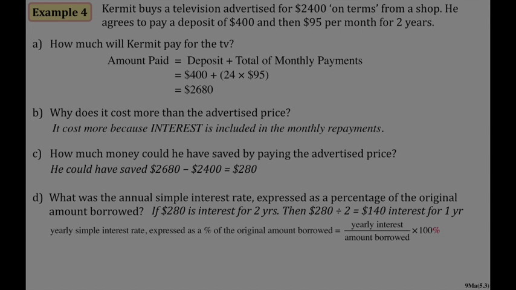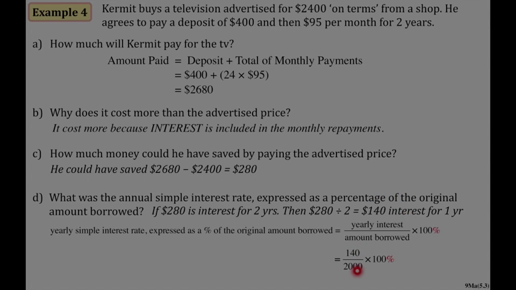To figure out the annual simple interest rate, I can go, what's his yearly interest over the amount borrowed, and calculate it from there. The interest for 1 year was $140.